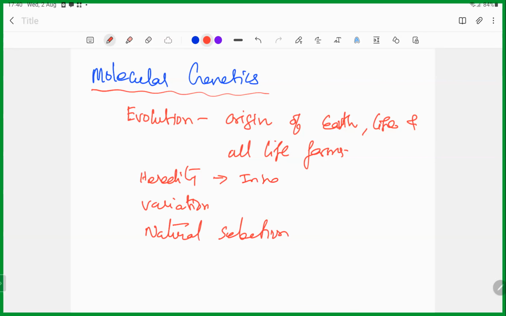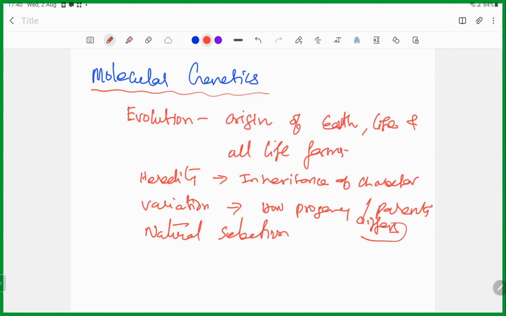What is heredity? Inheritance of characters from parents to progeny. Variation means how progeny differs from parents.